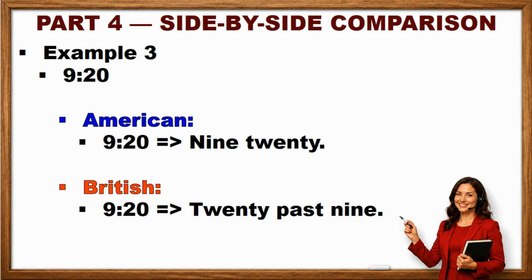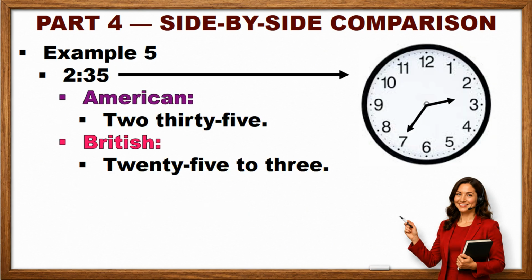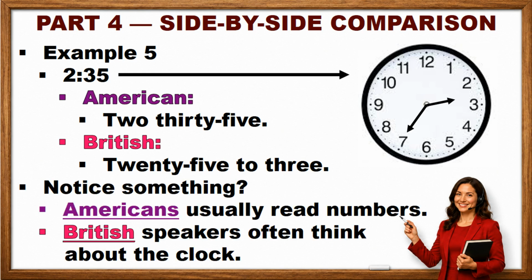Example 3. 9:20. American. 9:20. British. 20 past 9. Example 4. 10:50. American. 10:50. British. 10 to 11. Example 5. 2:35. American. 2:35. British. 25 to 3. Notice something? Americans usually read numbers. British speakers often think about the clock.